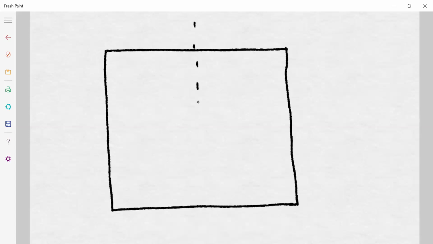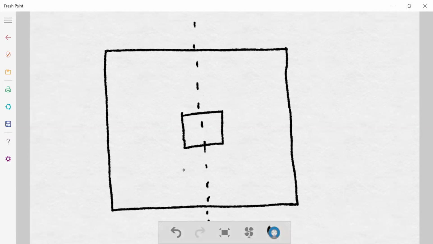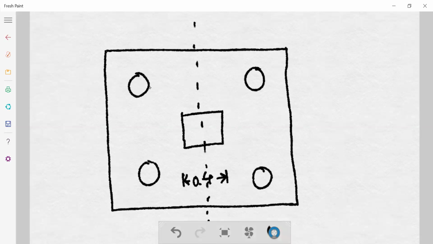If this is the center, the column was 400 by 400, 0.4 by 0.4. Now the piles were like this: 1, 2, 3, 4. First we have to find out the distance of the pile to the column face. What is the distance of this pile from the column face?